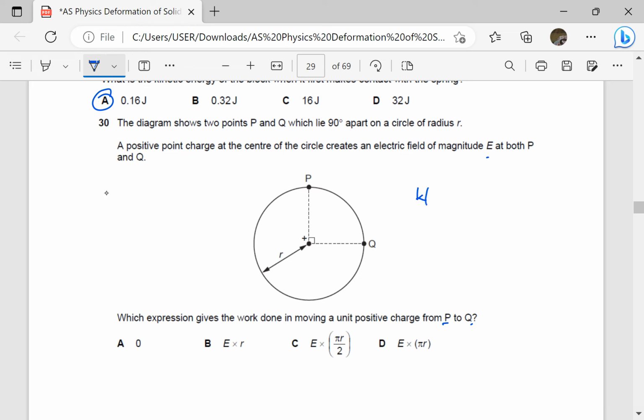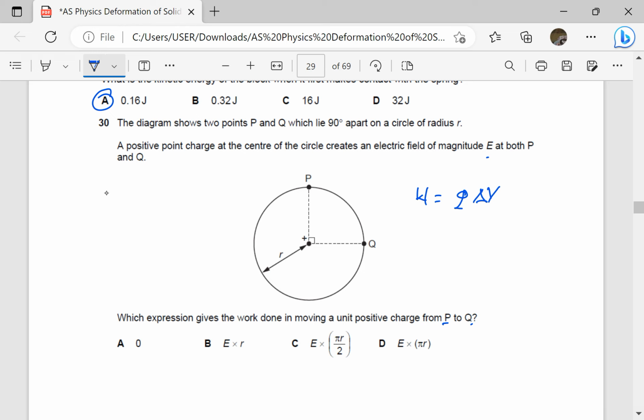We know that work done in an electric field is the charge times difference in potential. For a point charge, there's a positive point charge at the center, so it is creating a field around it.